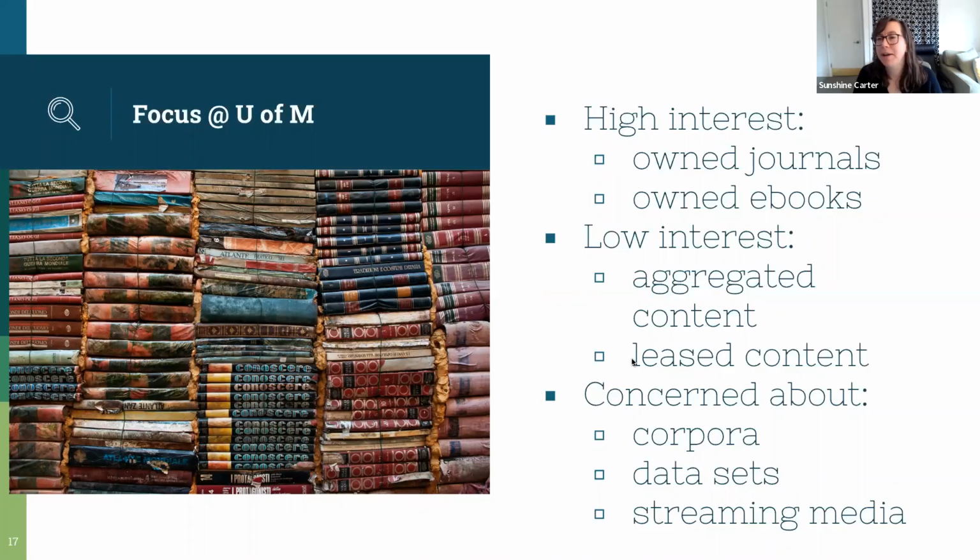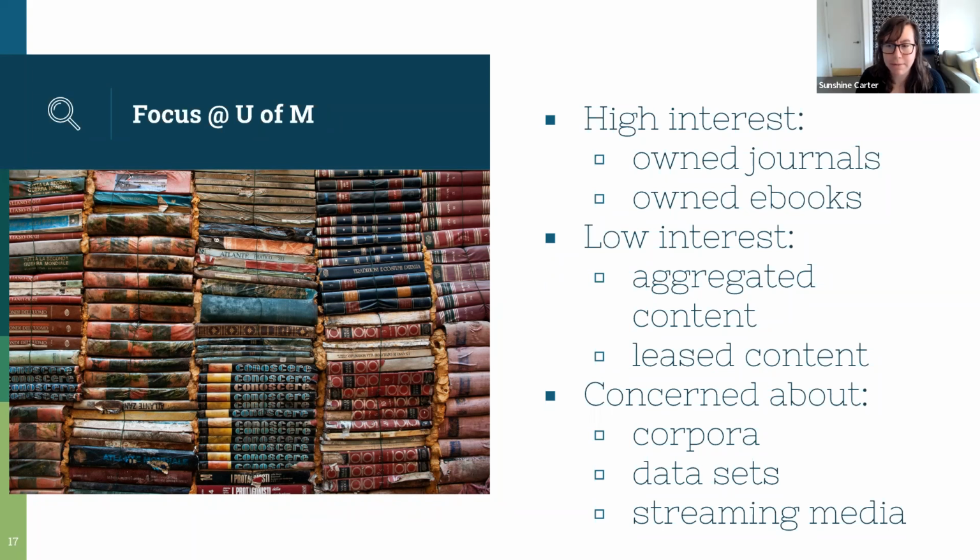At Minnesota, our highest interest in ensuring post-cancellation access is our journals and our ebooks, to mimic what our print journals and ebooks were doing on the shelf. So we have the most interest in ensuring that we have preservation rights for our journals and ebooks. Lower interest in our aggregated content.